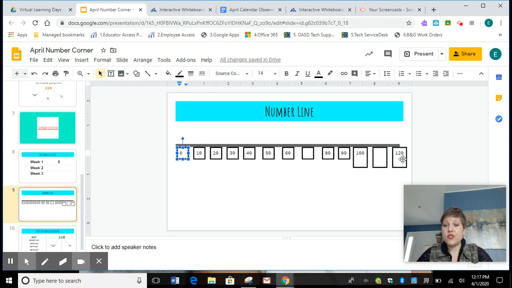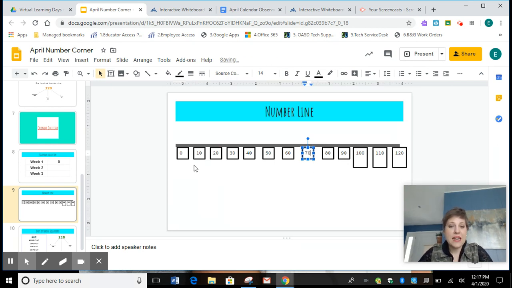What if I'm at 120 and I take away a group of 10? It's going to be 110. It would be the same if I worked forward. If I was at 100 and I added a group of 10, it'd be 110. We have one last number, friends. Can you shout it out?